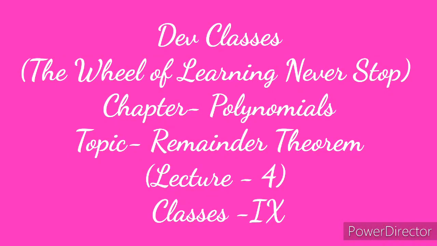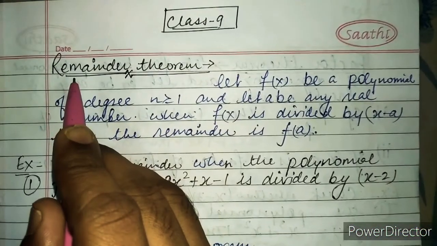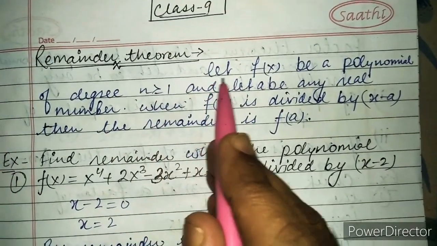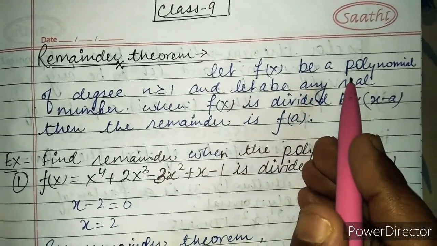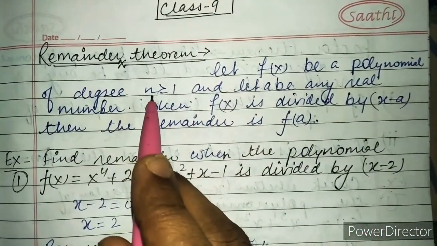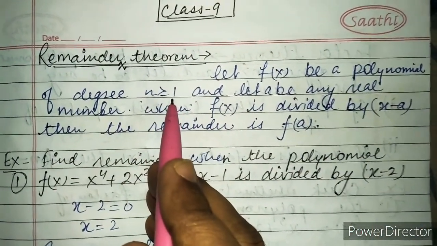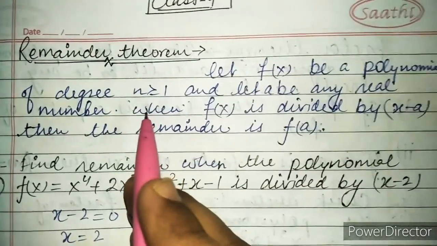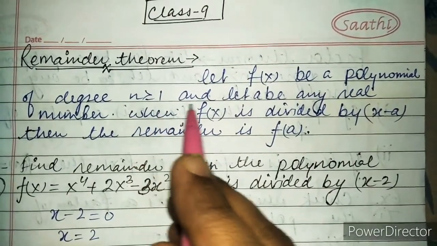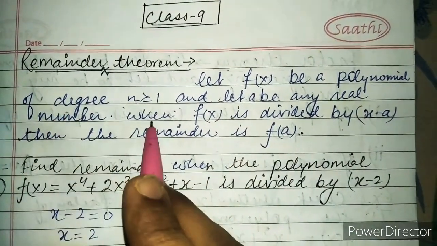Now I'm going to start the next topic of the chapter Polynomials, that is the remainder theorem. You can see here what the remainder theorem is. Let f(x) be a polynomial which has degree greater than or equal to 1, and let a be any real number.